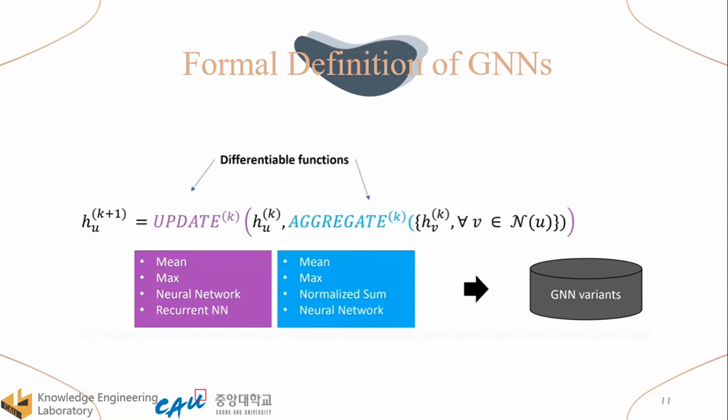Or for example, if you want to do a classification task at the node level, you may feed the embedding vector of each node into a neural network model to map that embedding vector to a single value that represents your label.